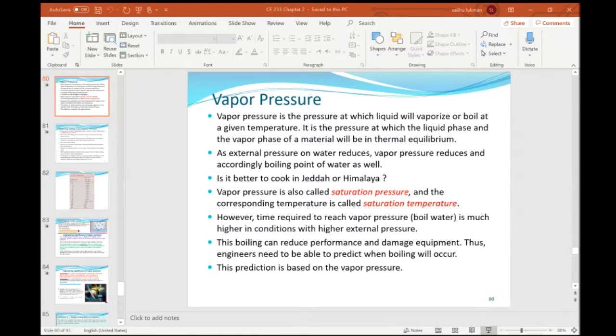Vapor pressure is the pressure at which liquid phase and vapor phase are in thermal equilibrium, meaning there is no net transfer of heat energy. So as the external pressure on water reduces, vapor pressure reduces accordingly, and the boiling point of water reduces.